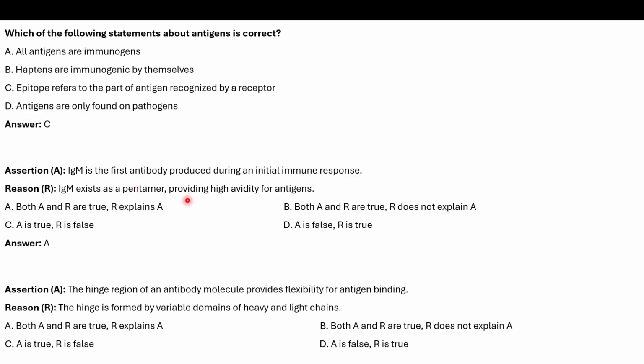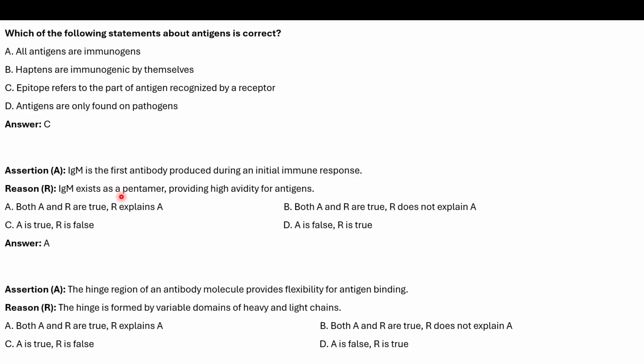Oh, sorry, I already provided the answer. So both these statements are actually true. IgM is the first antibody produced during an initial immune response because it exists as a pentamer. Each Y shape has two antigen recognizing regions, right?